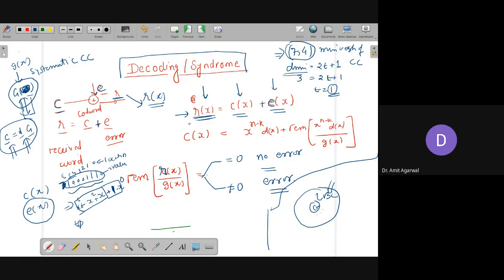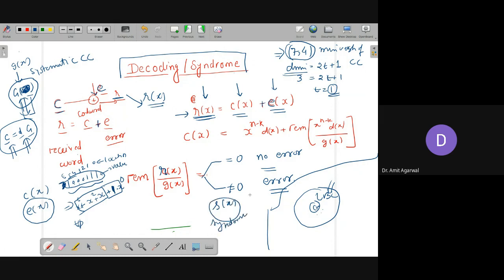So once you receive your R vector, you first convert it to its corresponding polynomial and find the remainder of Rx by Gx. If the remainder is 0, there is no error, and if the remainder is non-zero, whatever value it gets is called the syndrome polynomial.